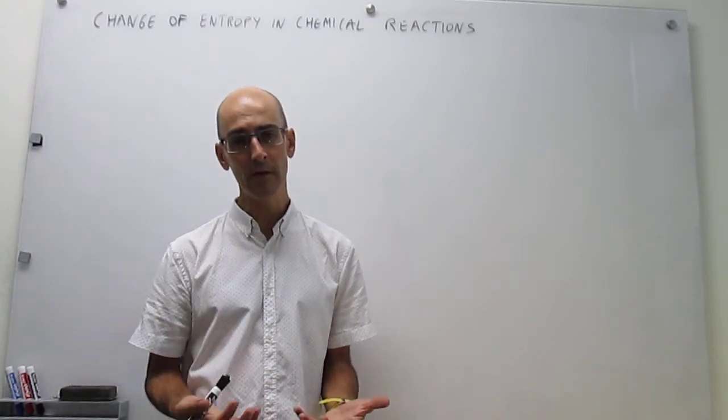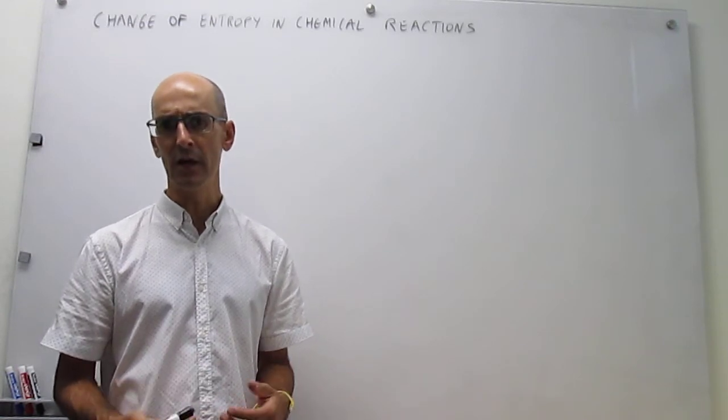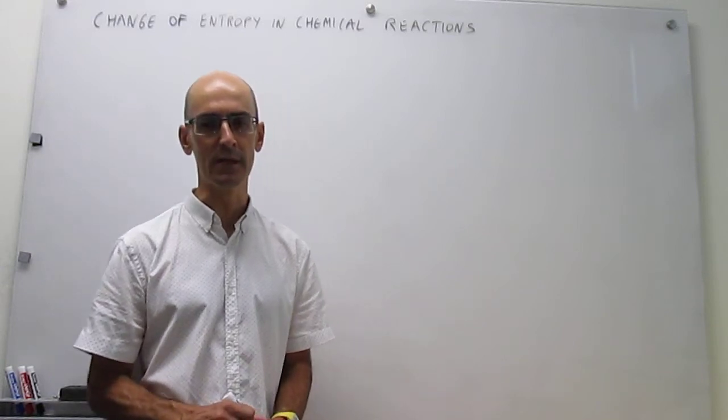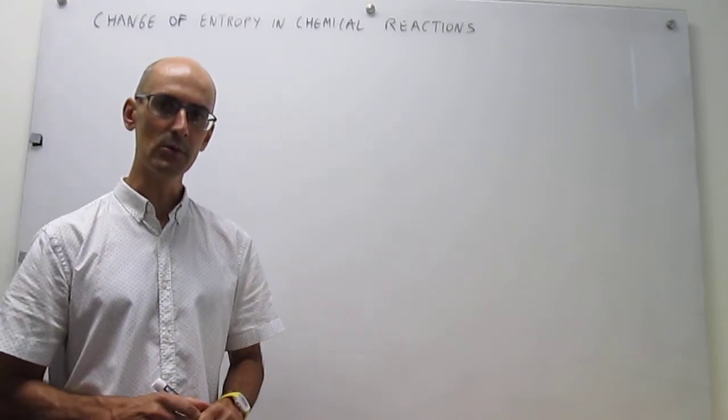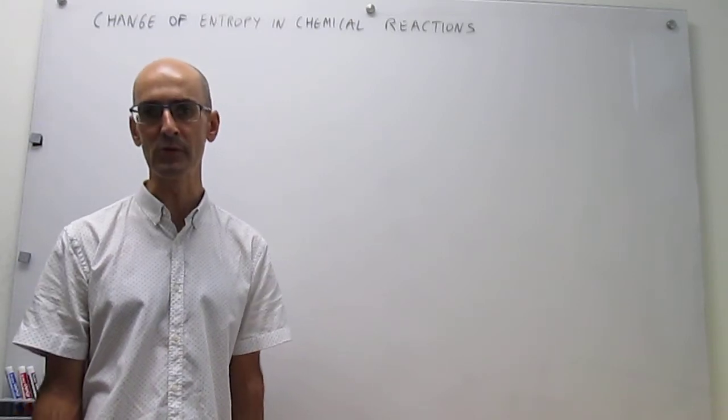Okay, so the way that I'm going to explain this to you is by simply writing a chemical reaction and going through the concepts that we use to calculate the change in entropy. The chemical reaction that I've chosen is a simple combustion reaction of natural gas, which is mostly methane.